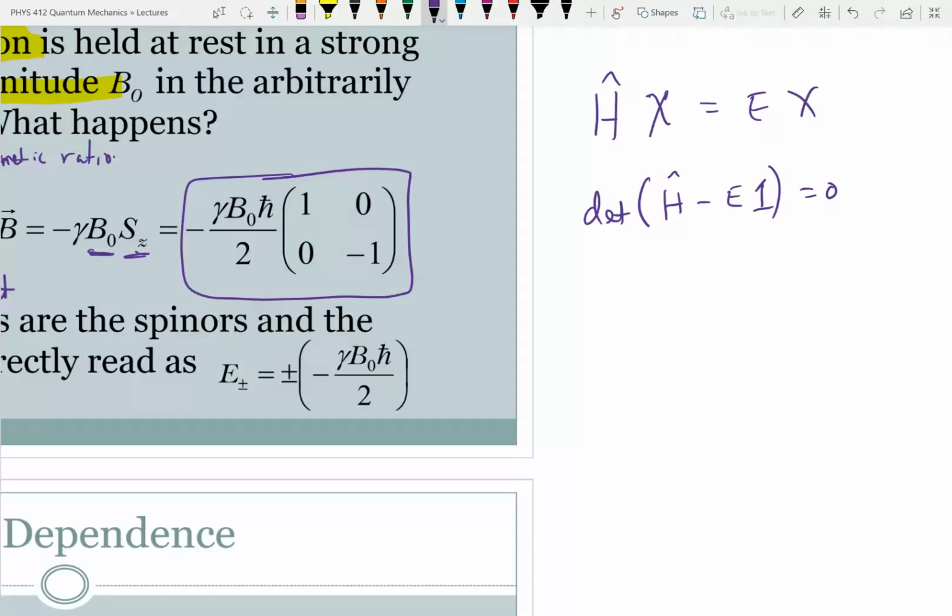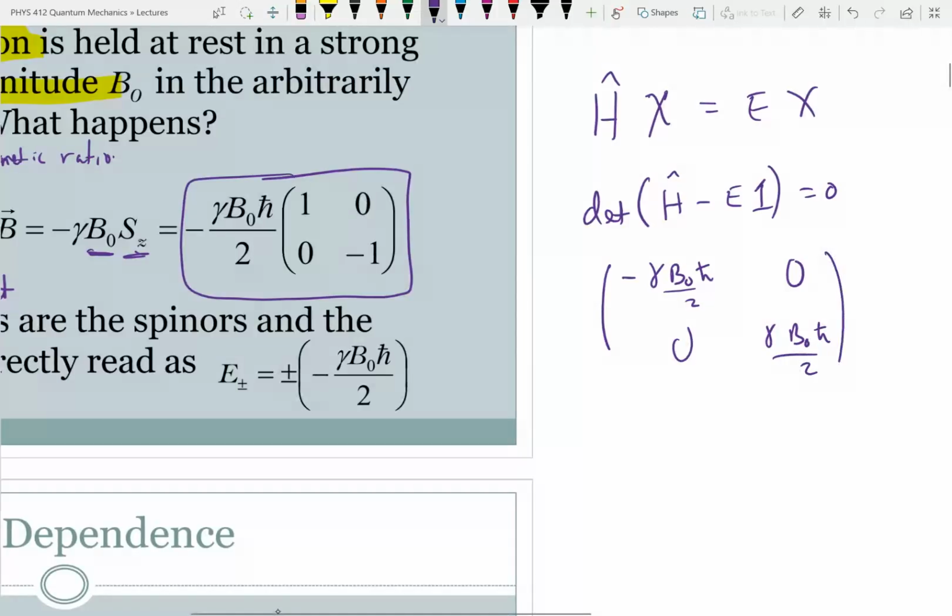Well, let's make life simple. Let's make life really simple. We don't need to do all this work because our matrix is diagonalized. So I could rewrite the matrix as minus gamma B0 H bar over 2, 0, 0, gamma B0 H bar over 2.